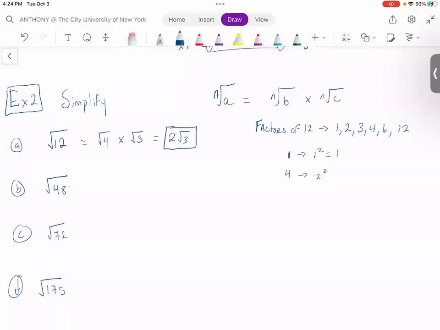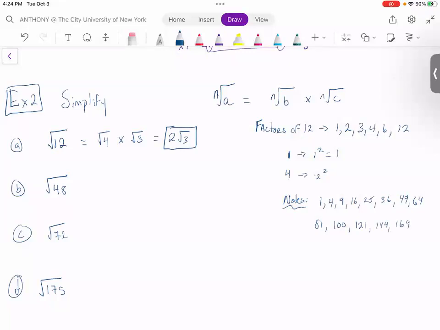Okay. Remember, perfect squares, right? Some common perfect squares that you should be familiar with are 1, 4, 9, 16, 25, 36, 49, 64, 81, 100, 121, 144, 169.